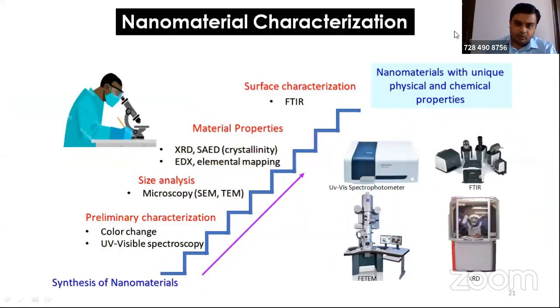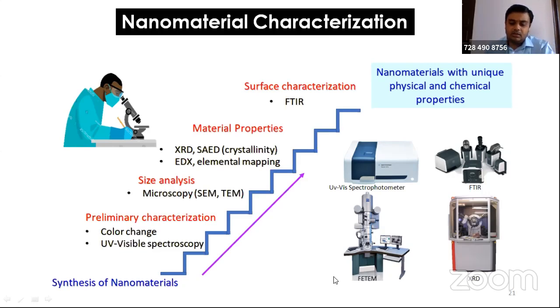Before going further, this is the basic information for nanomaterial characterization. There are many more. These are the steps. Whenever we go for nanomaterial research in the case of biosensing, we go for the synthesis process first. We need to synthesize, and then we go for the characterization. It could be XRD, SAED, EDX, FTIR, and so on.